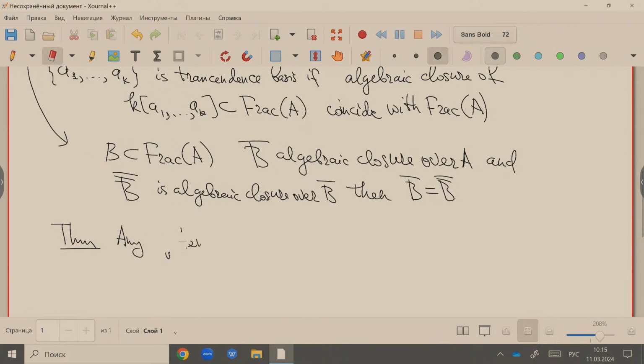Any transcendence basis has the same number of elements.